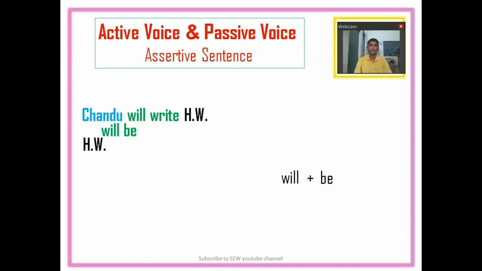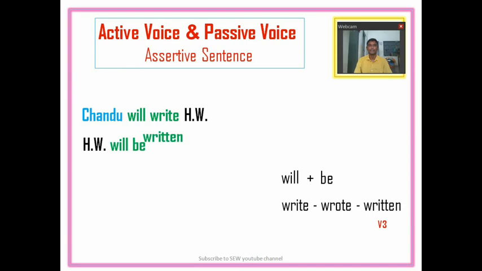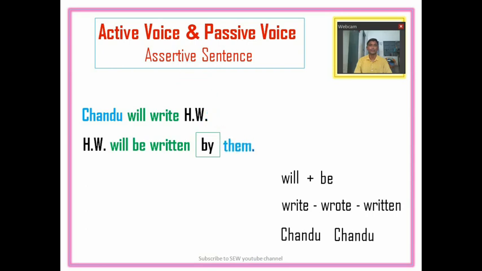So will be, and the verb forms of write are write, wrote, written. So V3 form should be written. Next, preposition by should be used after that. What is the subject here? The subject is Chandu. So Chandu will be Chandu only. So homework will be written by Chandu. It's a passive voice.